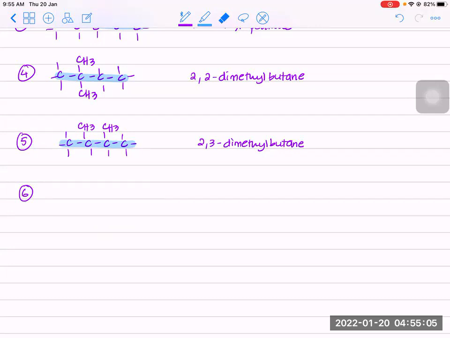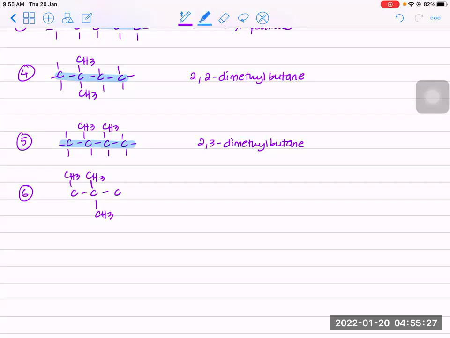Is this clear? Do you guys understand this? Do you have any other possibility? Now you'll be like, okay, miss, let's further shorten the chain to 3. And now we have to put 3 more carbons. You can't fit all 3 on this. You'll be like, okay, fine, let's fit 2 on here and the 3rd here.